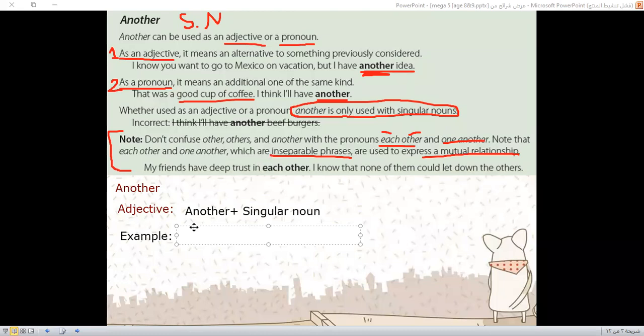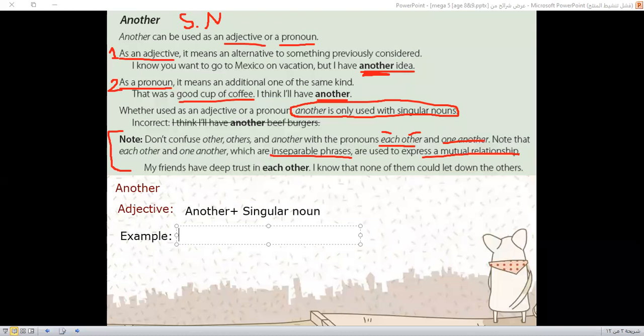It's very easy. Yes, Yaqeen, do you have an example? I'm not sure. It's okay, we're learning.